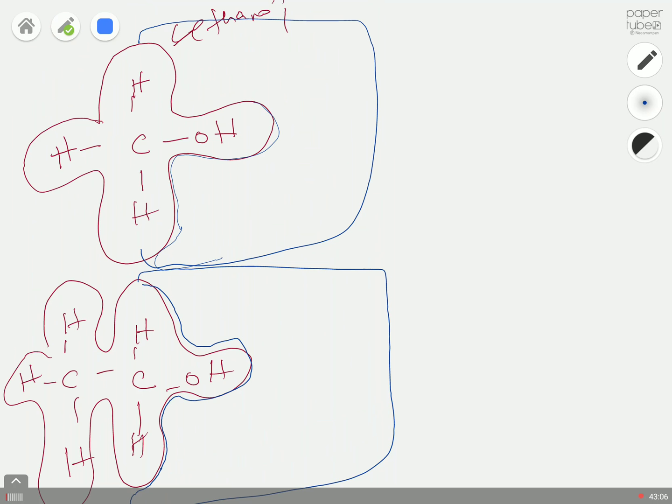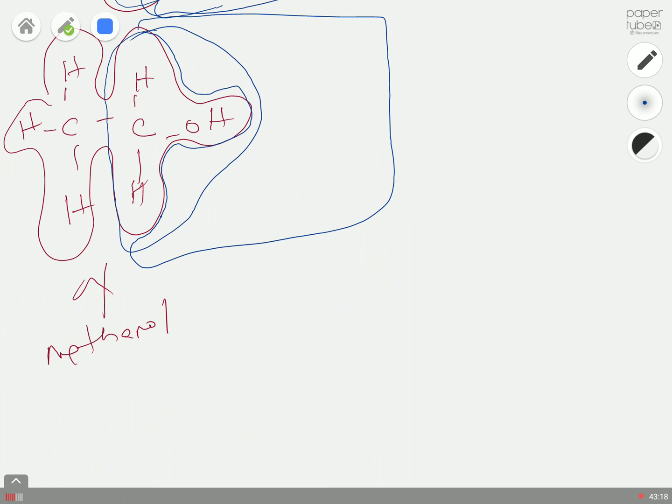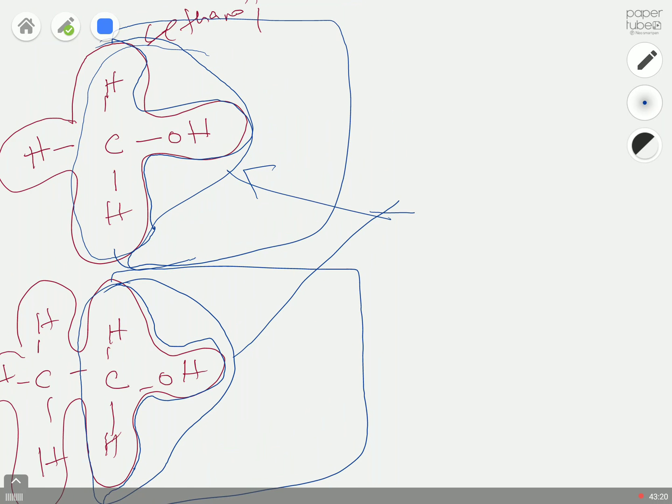Just assume that the enzyme has some pocket that can take only this particular group, this part of the molecule. So some enzymes are specific to closely related molecules, if you take only this part of the molecule.